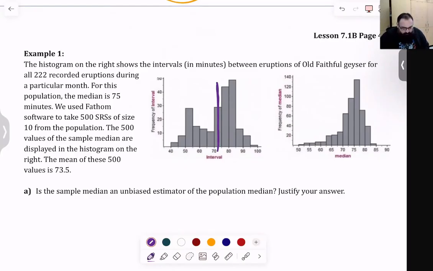Well, does it say what the actual median is? Oh, it says the actual median right here. What's the actual median? 75. Yeah, so it's 75. But over here, the median is, well, it says the mean, but it's the mean of the medians. So it's 73.5.